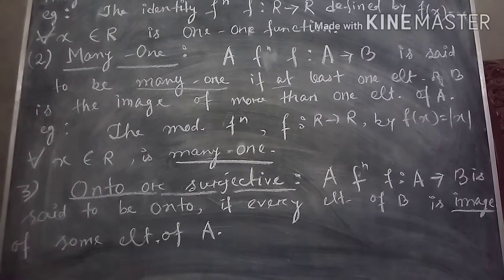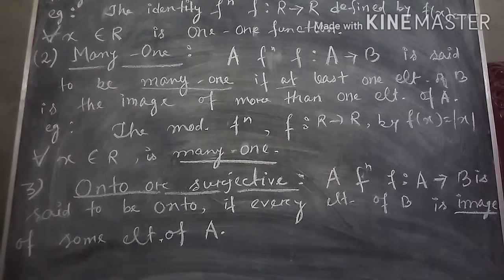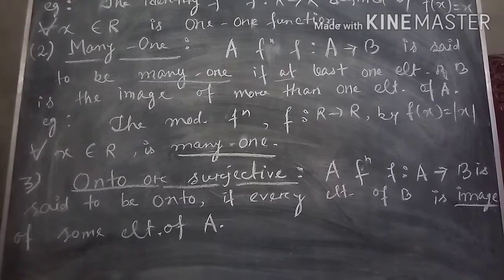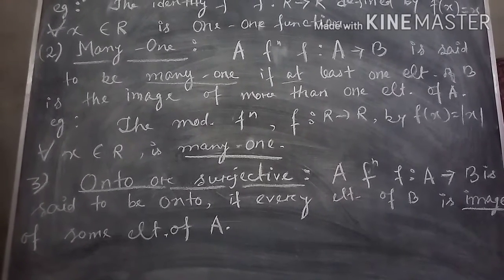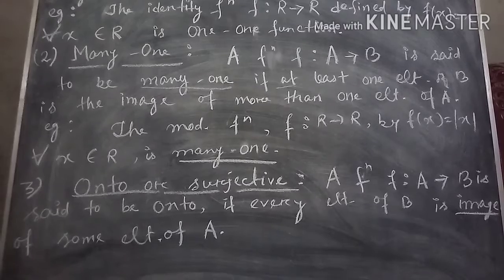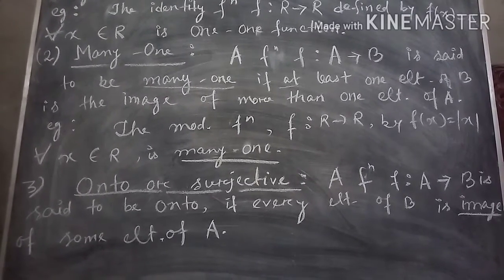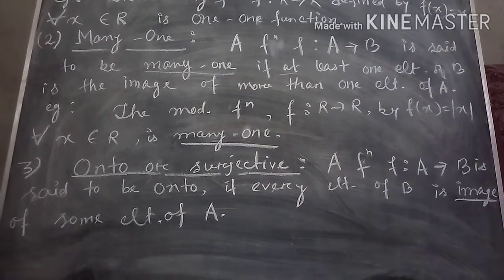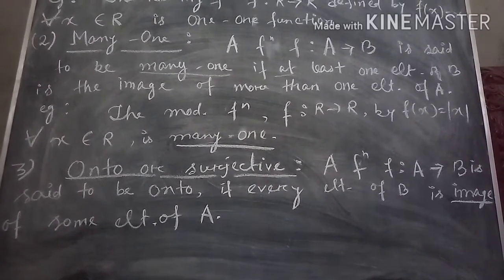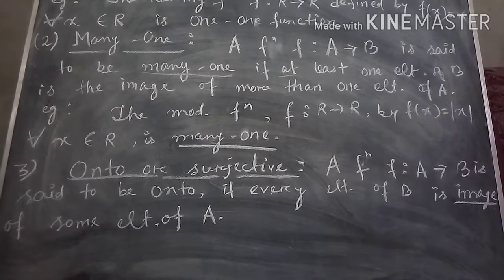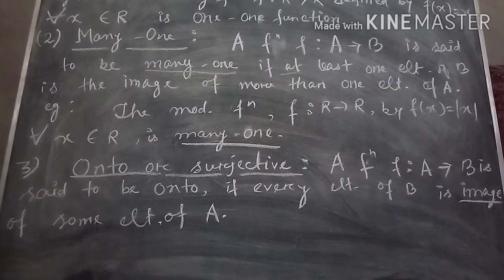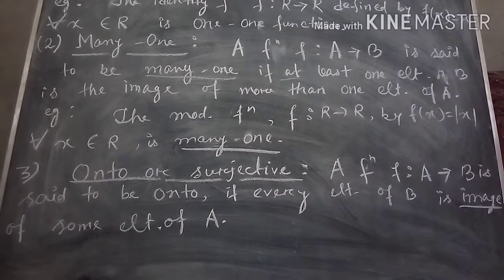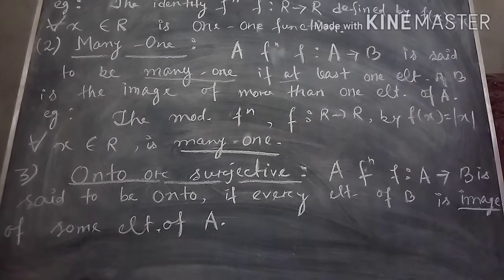A function f from A to B is said to be onto if every element of B is the image of some element of A. That means the elements of A should have images in B, or we can say in other words, each and every element of B should be the image of some element of A. Then this function will be called an onto function.